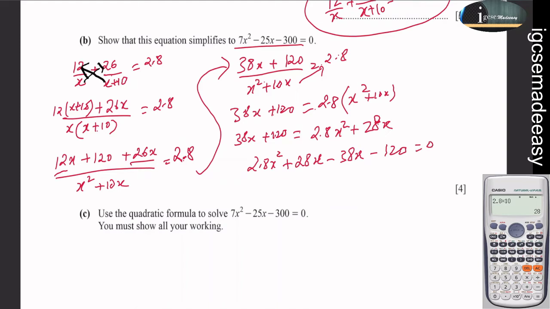I just brought everything together on one side. So now we have this one equation: 2.8x square, 28x minus 38x is minus 10x, minus 10x, minus 120 equals 0. Now finally, we just have to multiply this whole equation by 3.